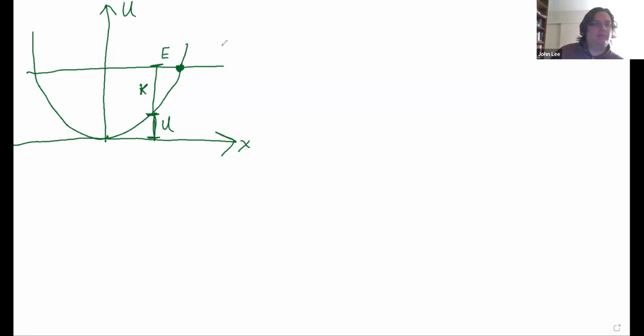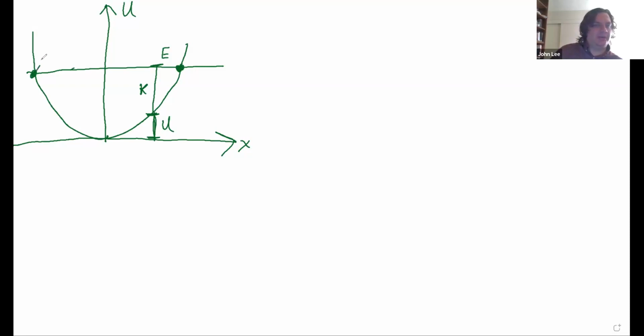These are the turning points where, because there's no K value, there's only potential there. There's no velocity, so it can't go any farther than this X value.